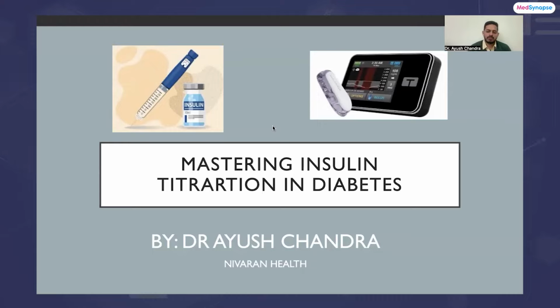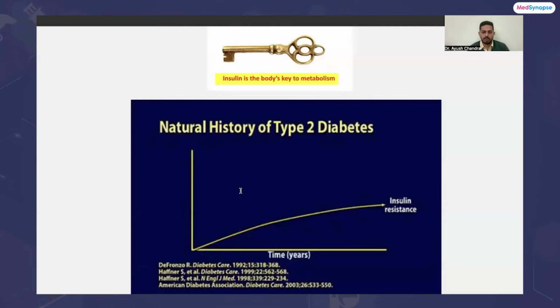So most of us must know what diabetes is. Diabetes is a chronic metabolic disorder. It is not a disease, it is a chronic metabolic disorder which is characterized by high sugar levels or hyperglycemia. This could be due to lack of insulin in the body or no insulin in the body.